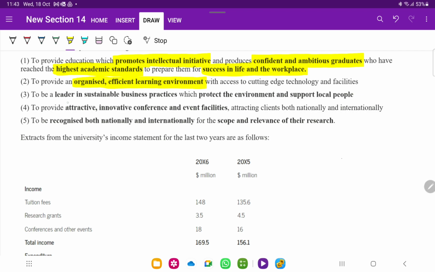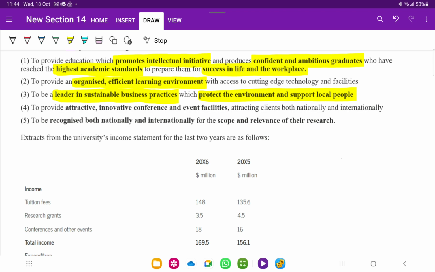The third is to be a leader in sustainable business practices which protect the environment and support local people. Currently the whole world is talking about sustainability. So it's something like that, that we want to produce sustainable leaders who can build their businesses based on sustainable principles which are not going to cause harm to the environment and to the locality.